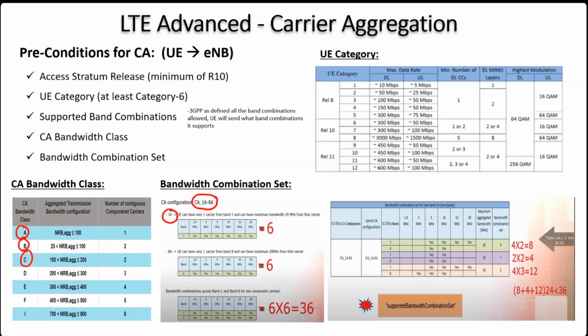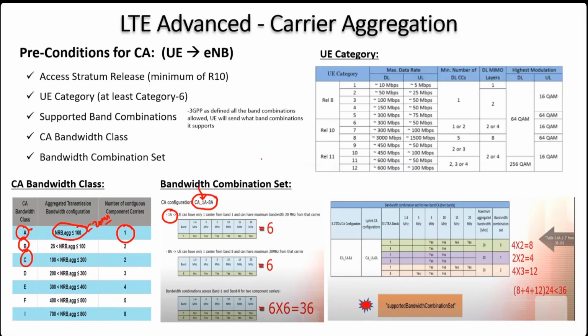LTE has multiple bands. So it is telling that one of the carriers configured here is from band 1 and it is using bandwidth class A. It means 100 RBs, that is 20 megahertz, and it can have only how many component carriers? 1, because you are using A, correct?